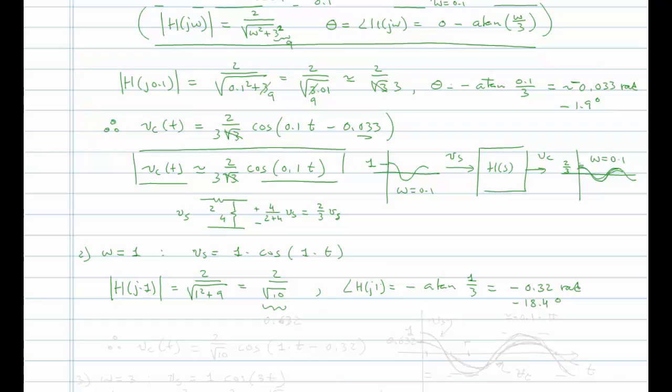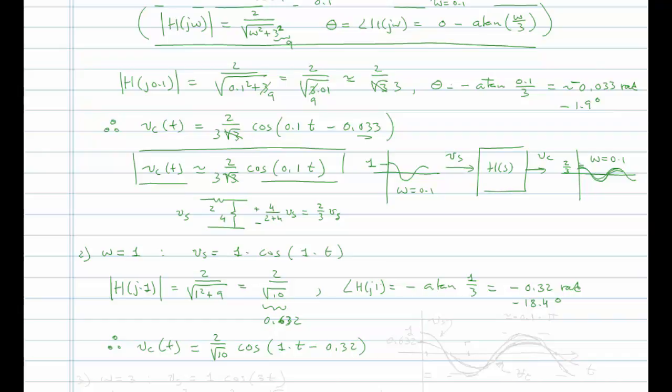Let's say the magnitude is approximately 0.632. So therefore, the steady state capacitor voltage response is 2 over square root of 10, or 0.632, times cosine of 1 times t minus 0.32 radians.